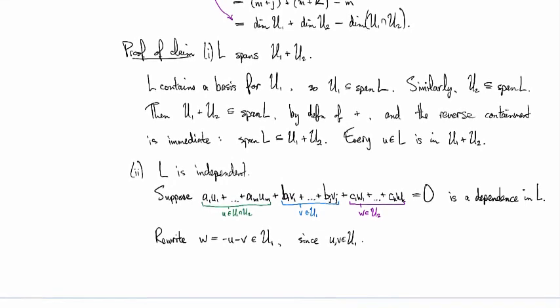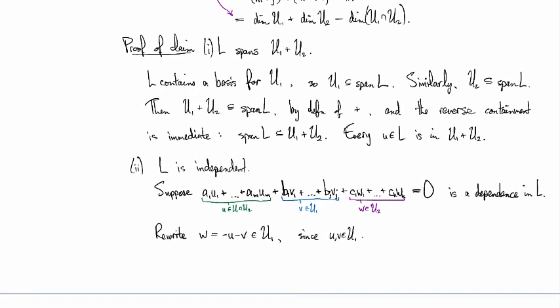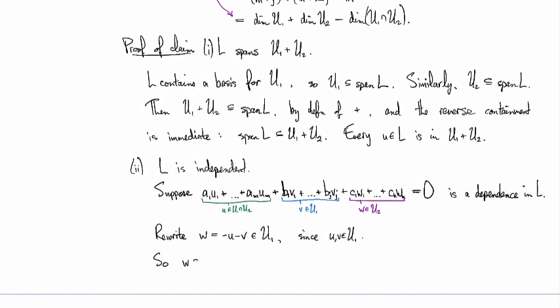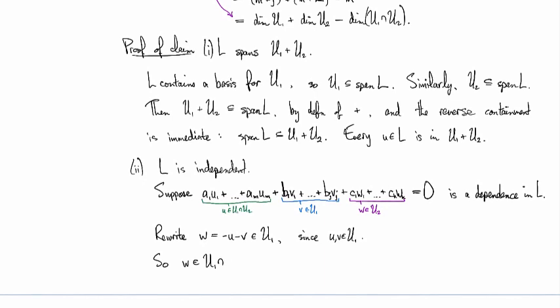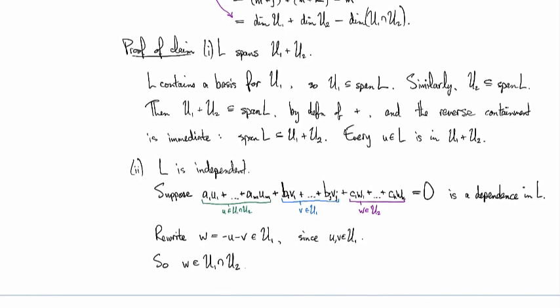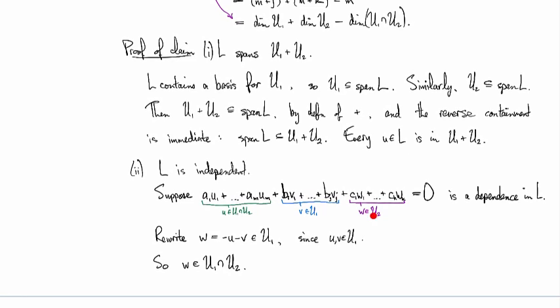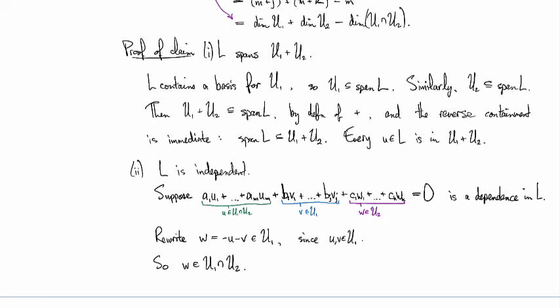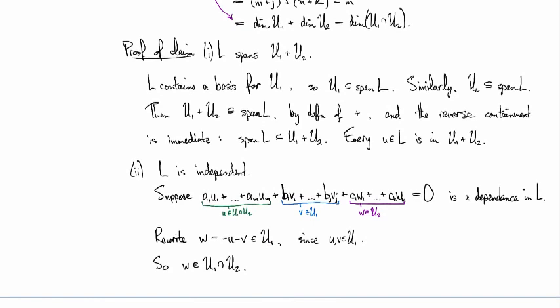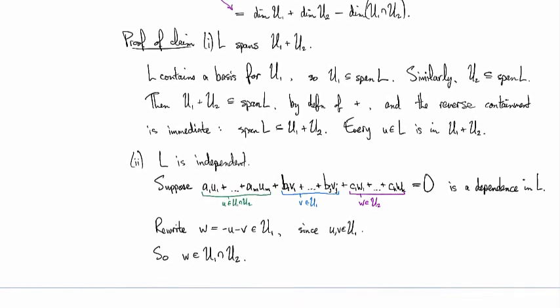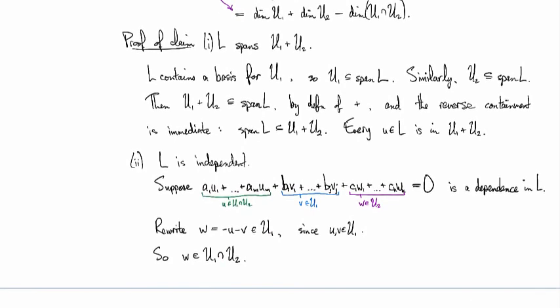Okay, well, then that puts w in U1 intersect U2, right? Because we started off with it being in U2 from the get-go, right? And then since it's also in U1, then it must be in the intersection.